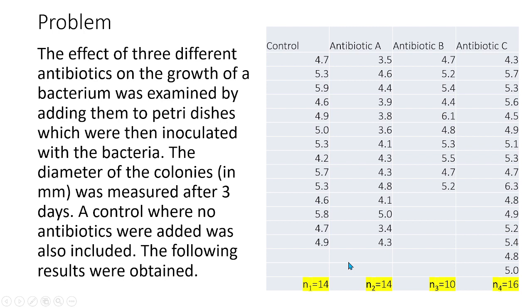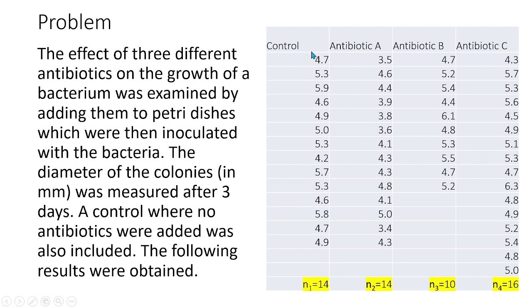Okay, so we have here a problem. The effect of 3 different antibiotics on the growth of a bacterium was examined by adding them to petri dishes, which were then inoculated with the bacteria. The diameter of the colonies in millimeters was measured after 3 days. A control where no antibiotics were added was also included. The following results were obtained.